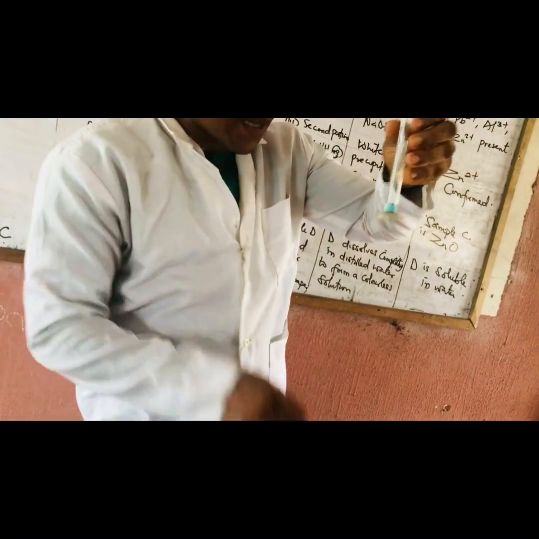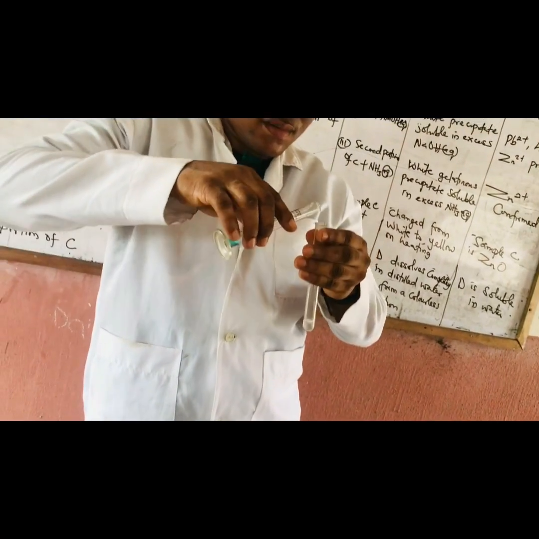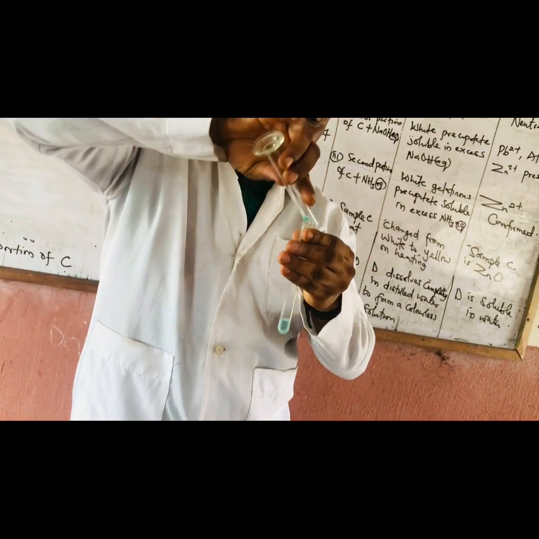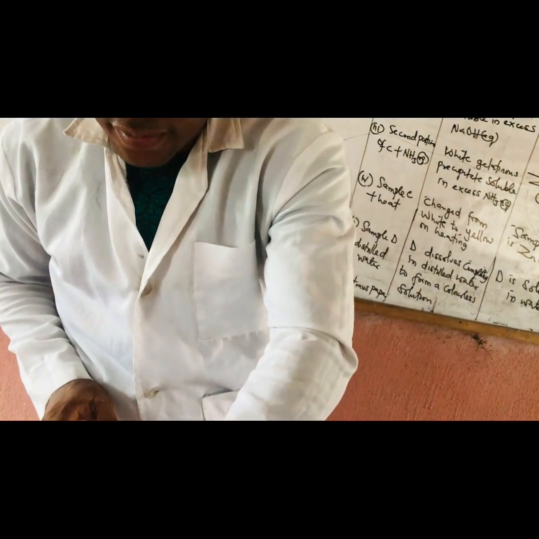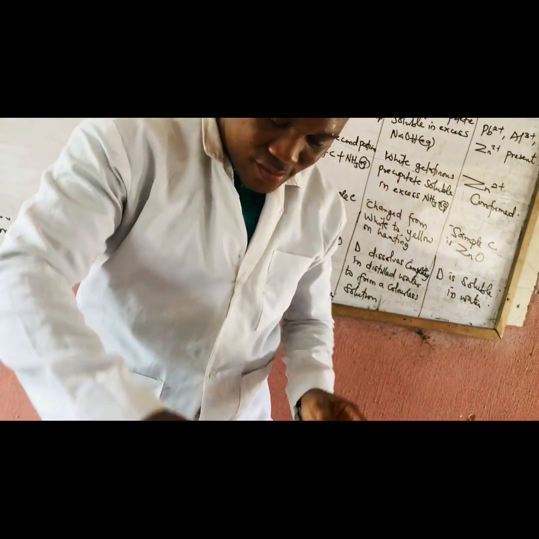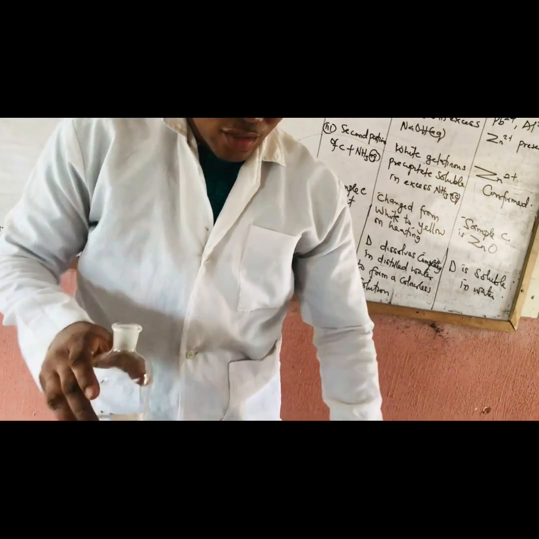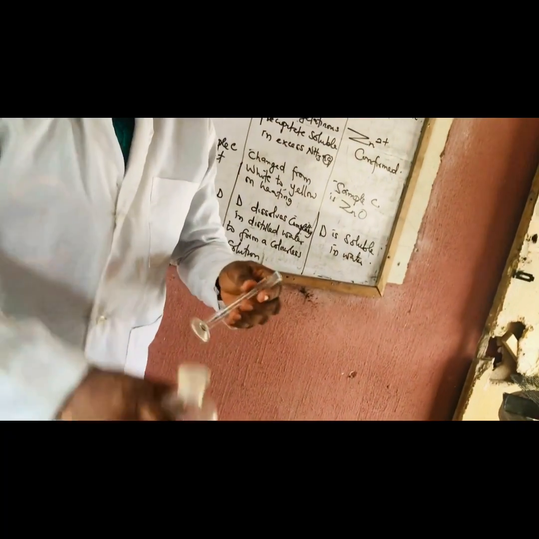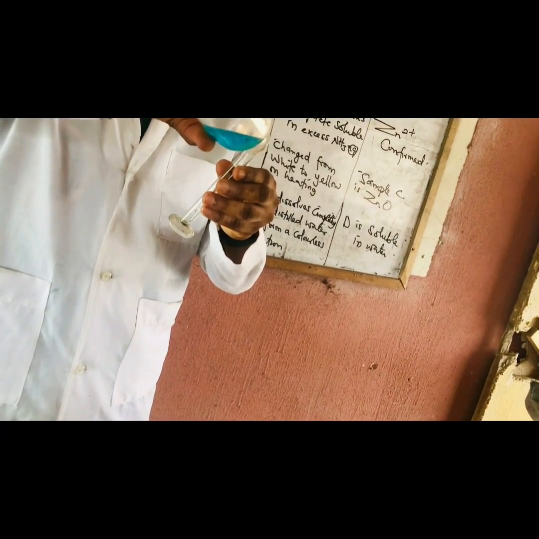This is it. Put it inside. Let me leave Fehling's solution B. I've used A, so I'm using B now. Let's add 1 cubic centimeter.